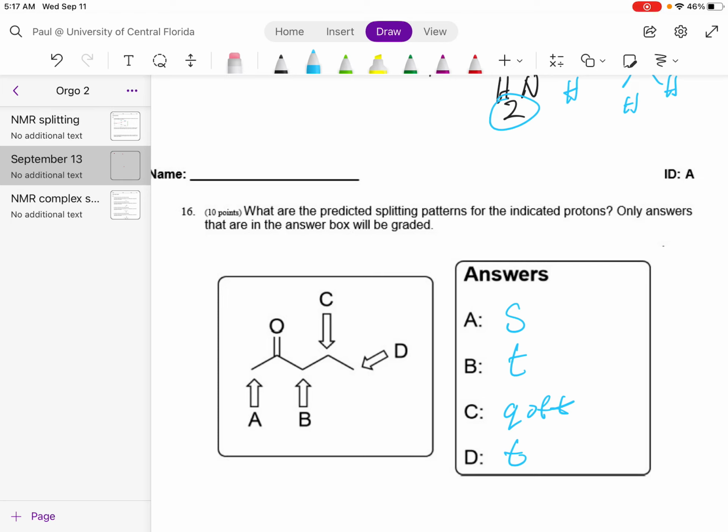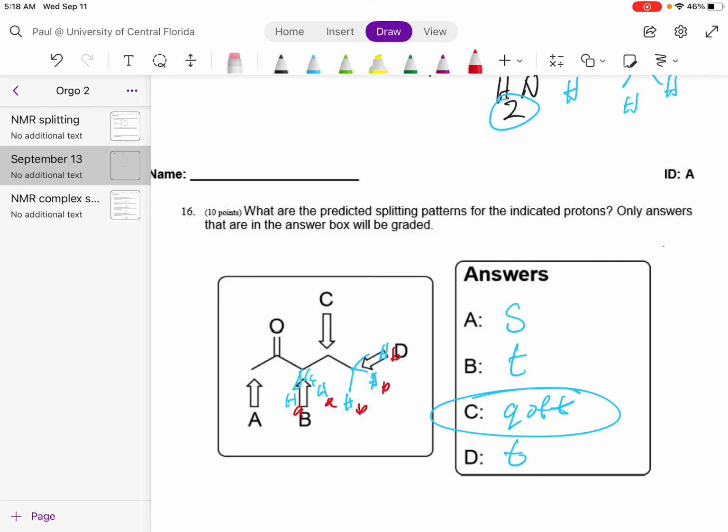Now let's explain the splitting pattern for C. We have protons right there. And then we have our protons right there. Now we've realized that these are equivalent and those are all equivalent.